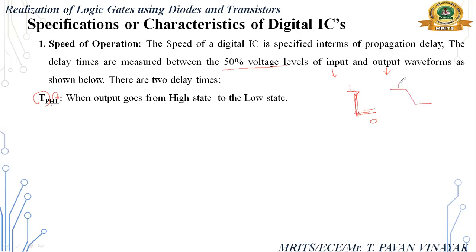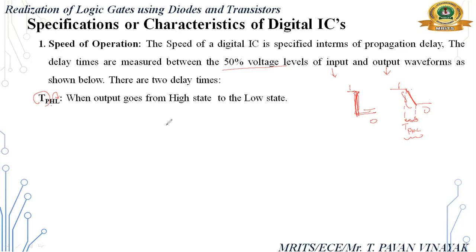There is some time here, the time from high to low. This time is called propagation delay when it goes from high to low. This is the ideal condition, but practically there is some time gap between high to low.